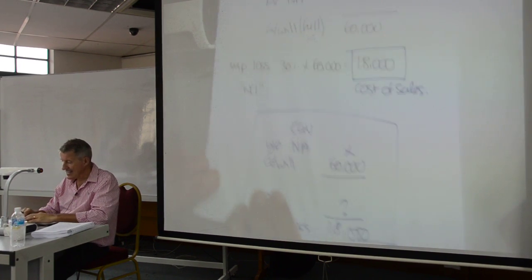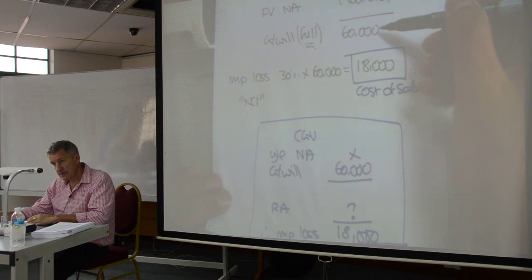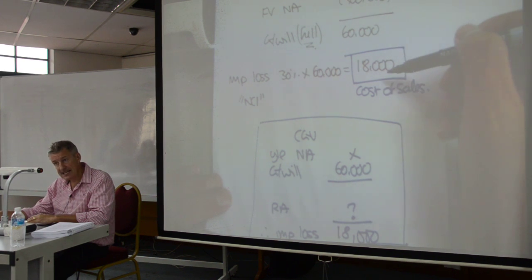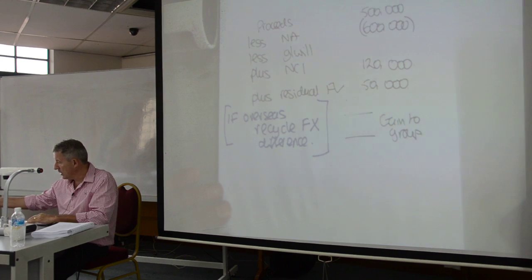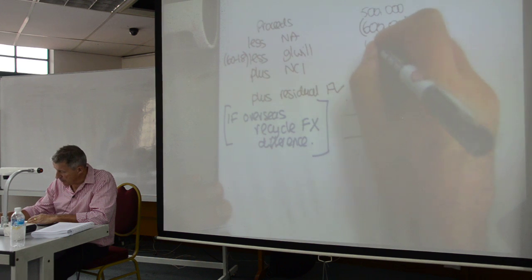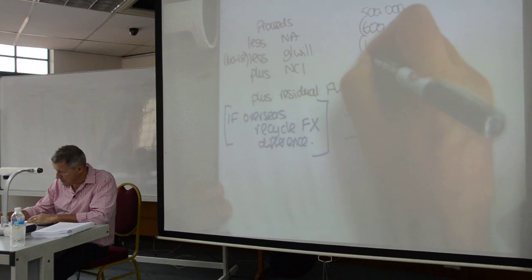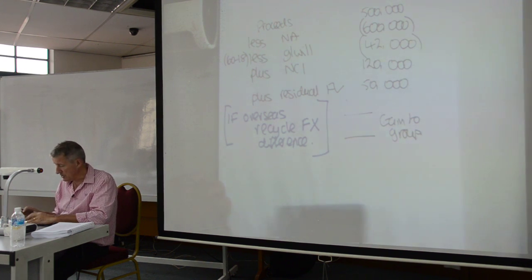There's the goodwill. The original goodwill was 60, of which we've written off 18, so we're left with a goodwill of 42. After the impairment review, the goodwill is 42.